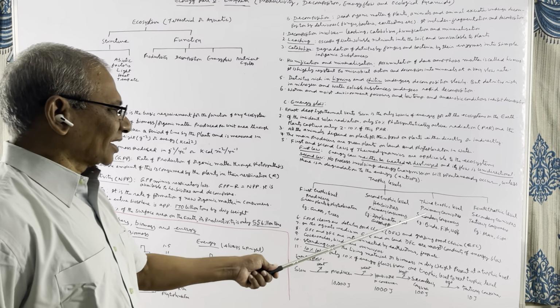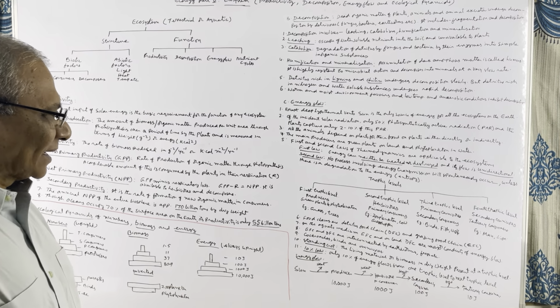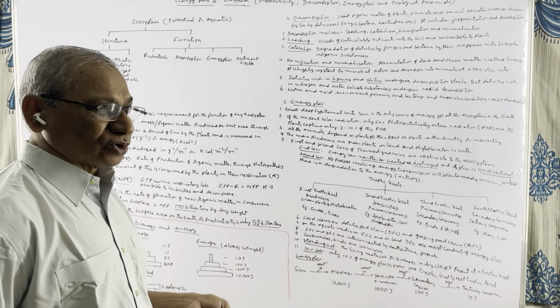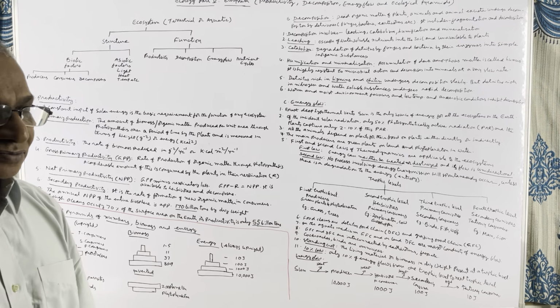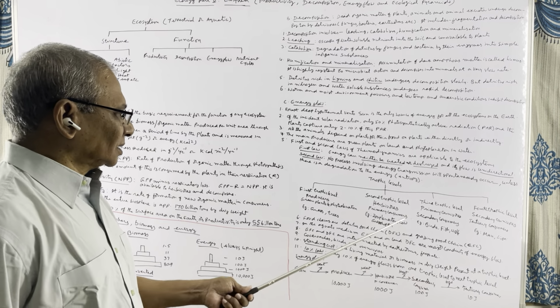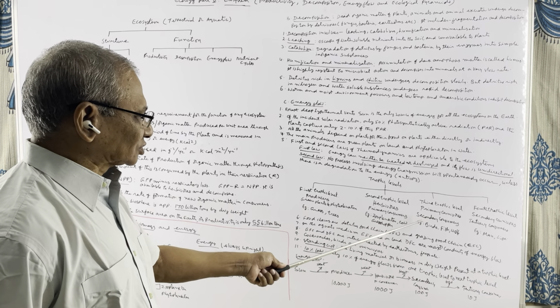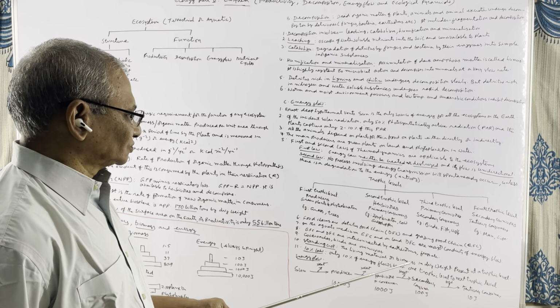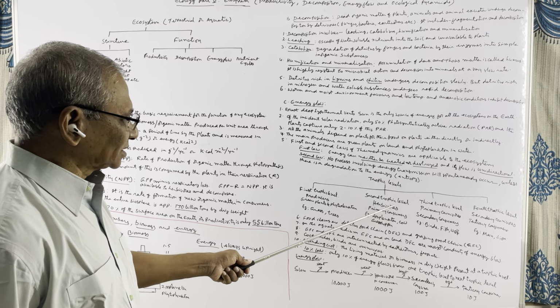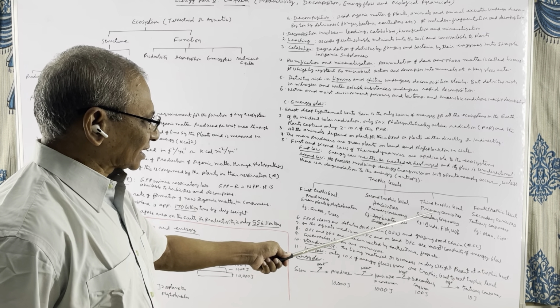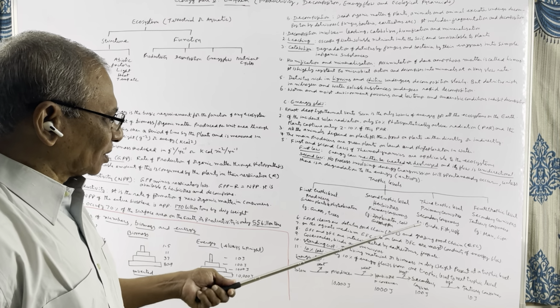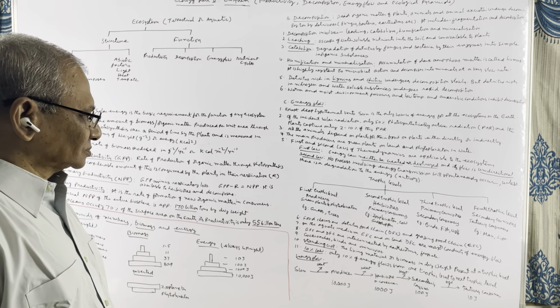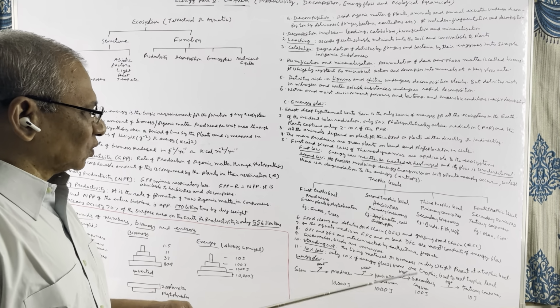Then, the third trophic level is occupied by primary carnivores, that is, meat eaters. These primary carnivores are also known as secondary consumers. So, herbivores are the primary consumers, primary carnivores are the secondary consumers. Example, birds, fish, wolf, etc.